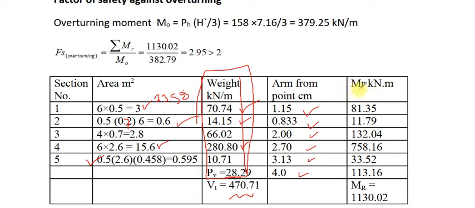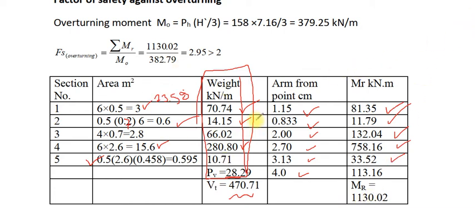To compute the resistance moment, we have to multiply the weight by the arm. Multiplying the weight by the arm gives us the resistance moment. And the total resistance moment equals 1130.